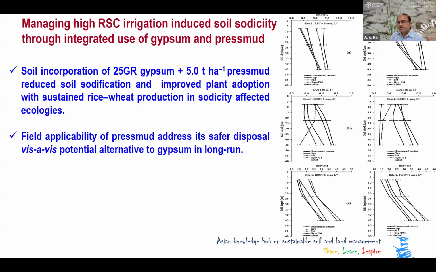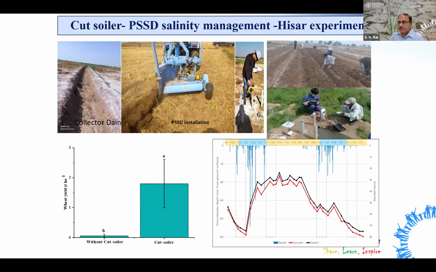Likewise, as Dr. Gajendra mentioned, this is the new age technology that we are evaluating, to manage root zone salinity by using the cut soiler. Here, besides managing the cut soiler, we are managing the subsurface sodicity just to increase the options of crops by increasing the chances of crop diversification.